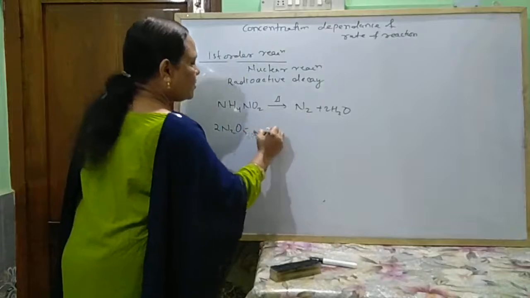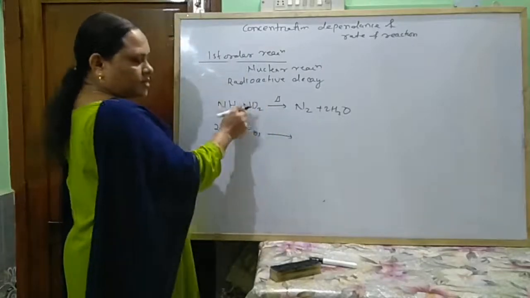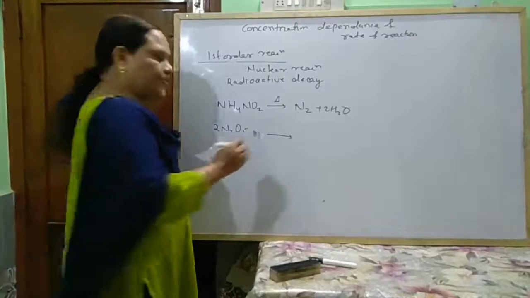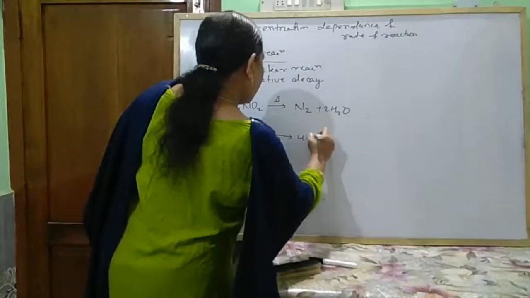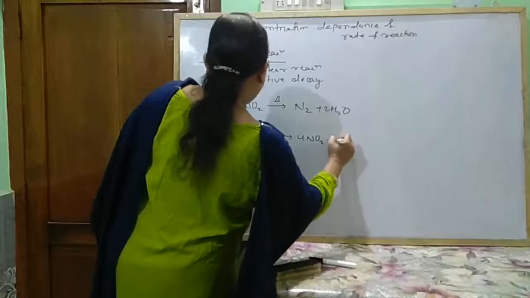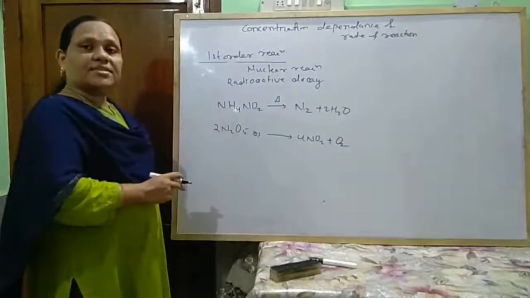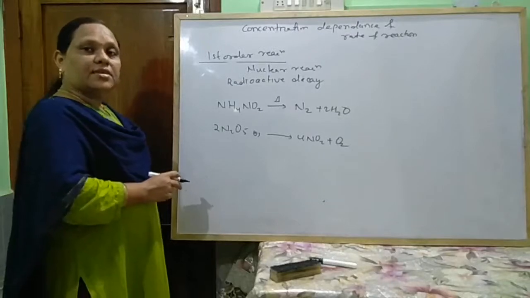Similarly, 2N2O5, which is a solid, not a gas, gives 4NO2 plus O2. This is an example of first order reaction.